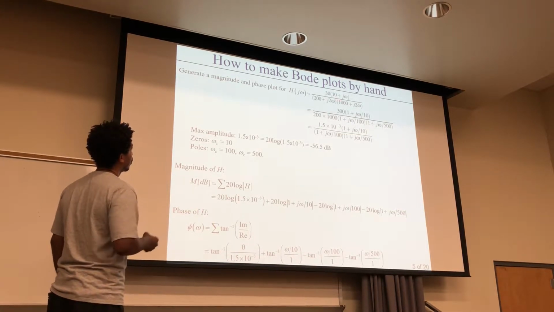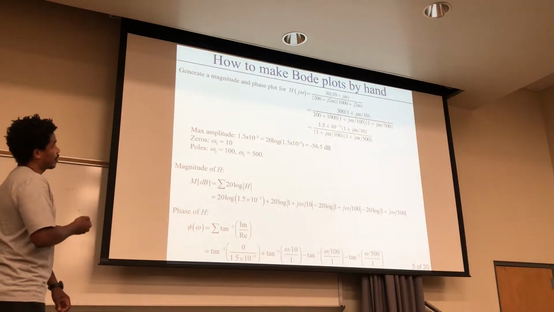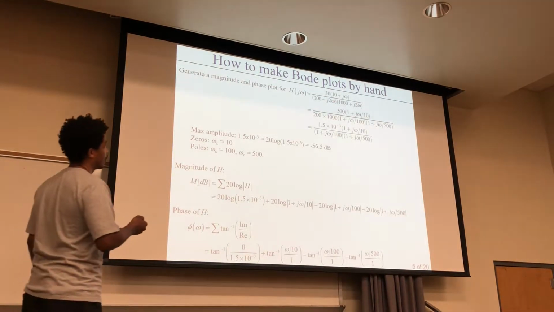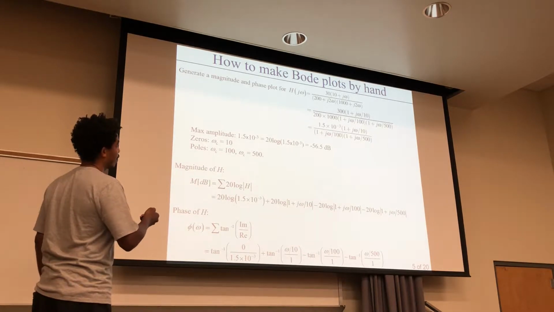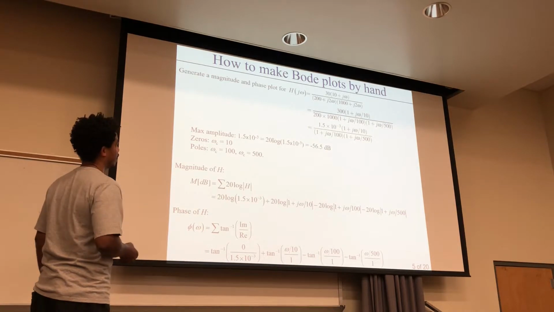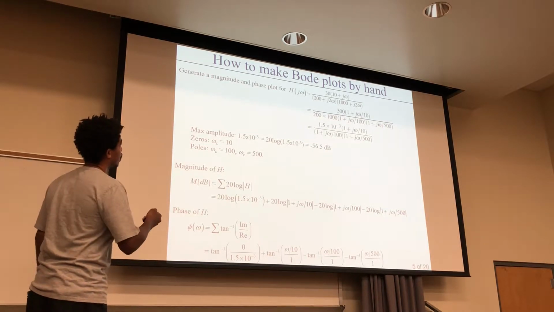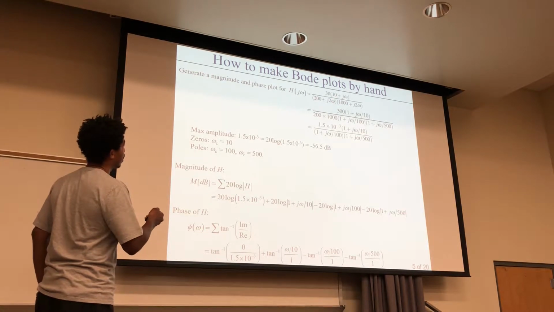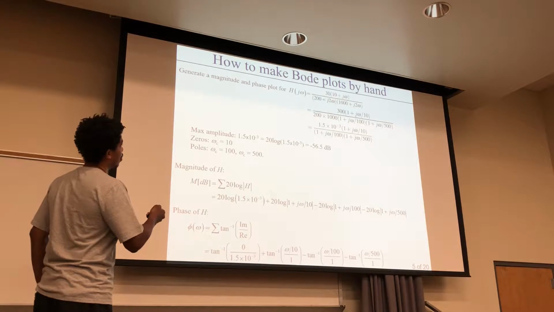The first thing you do, if you're given your function like this, is put it into this form, where you have 1 plus s over some frequency. First, you factor out the real part.